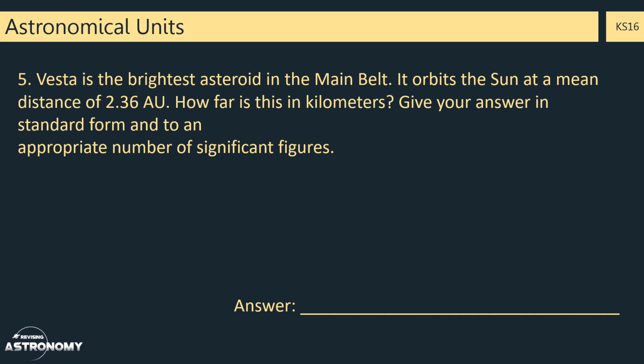Vesta is the brightest asteroid in the main belt. It orbits the Sun at a mean distance of 2.36 astronomical units. How far is this in kilometres? So again, astronomical units, kilometres. 1 astronomical unit is worth 1.5 times 10 to the 8 kilometres. We've got 2.36 astronomical units. So obviously to get from 1 to 2.36, we multiply by 2.36.